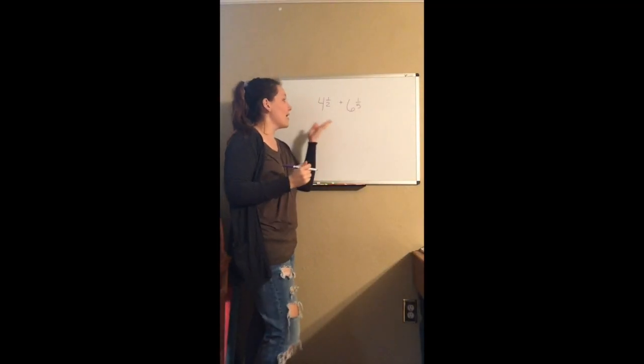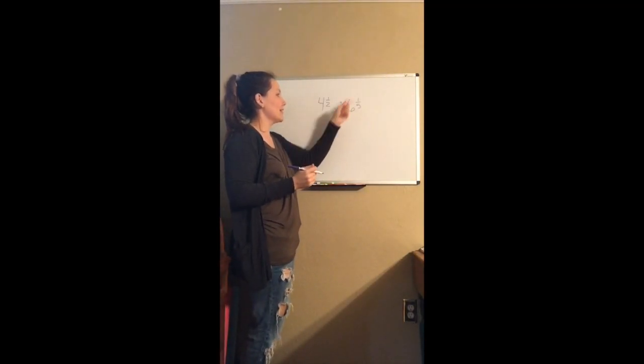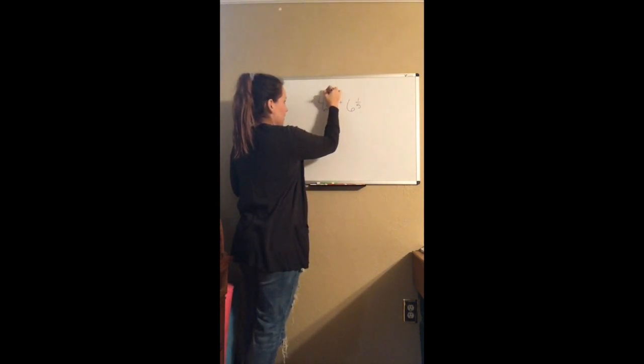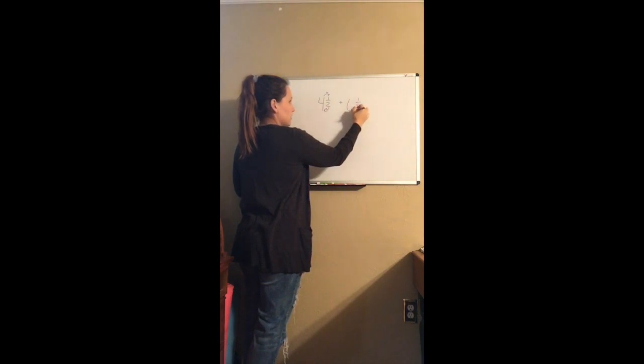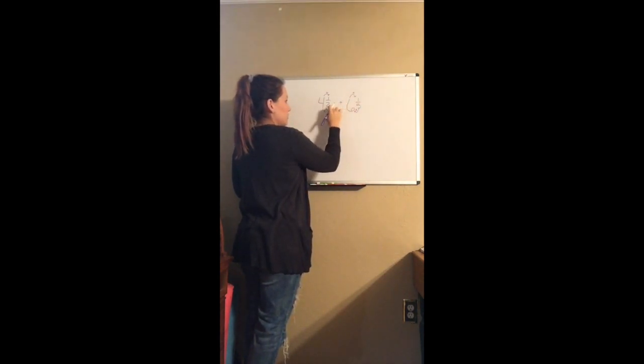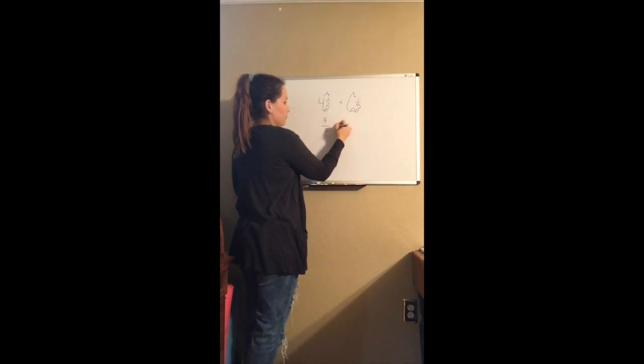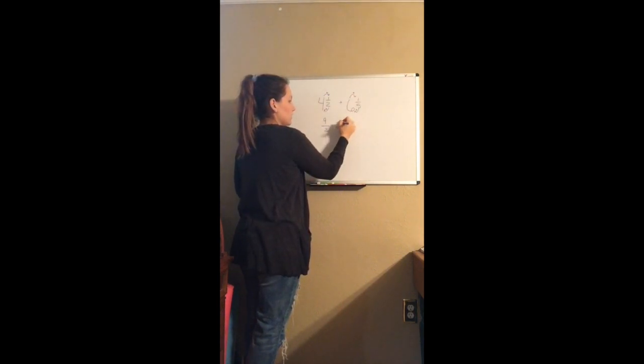We had 4 and a half plus 6 and a fifth. So starting out by making these improper fractions. So 2 times 4 is 8, plus 1 is 9/2, plus 5 times 6 is 30, plus 1, 31/5.